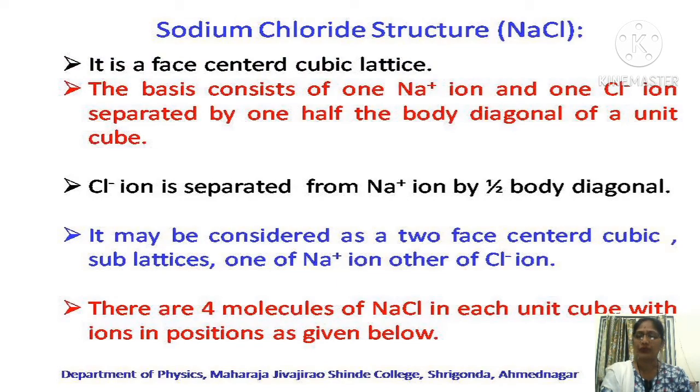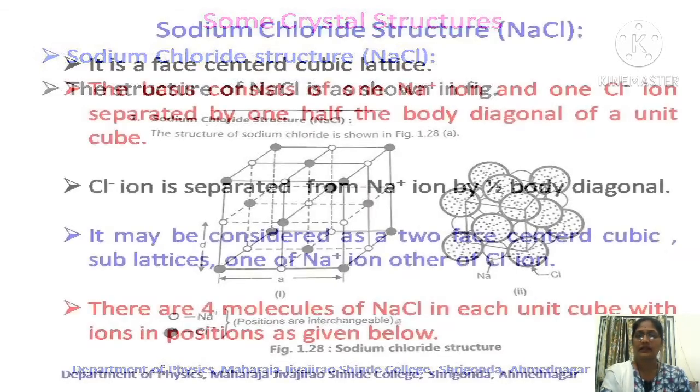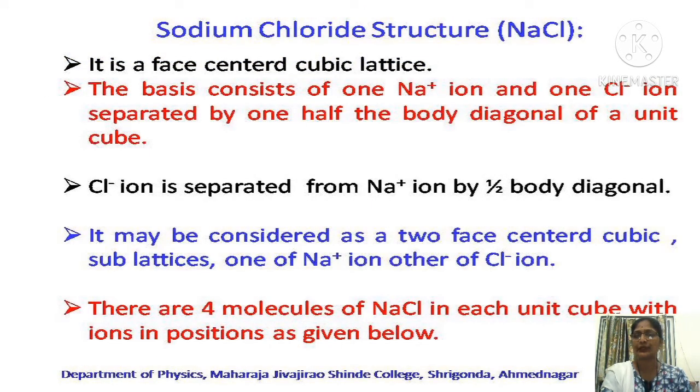If we see the crystal structure of NaCl, it is of face-centered cubic type, and the basis consists of, what is basis? We know that in a crystal structure, there is a regular periodic arrangement of points in space. These are called lattice points. Then at each lattice point, we have to locate the atoms or the molecules.